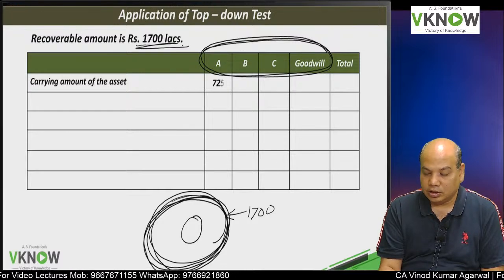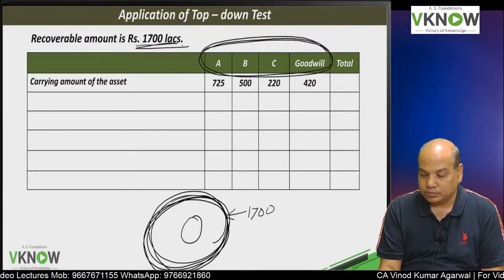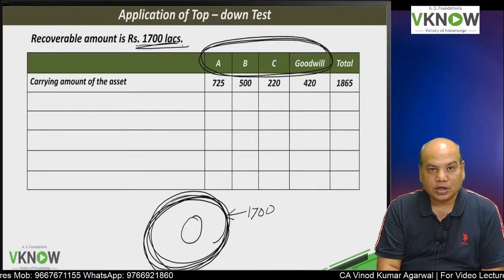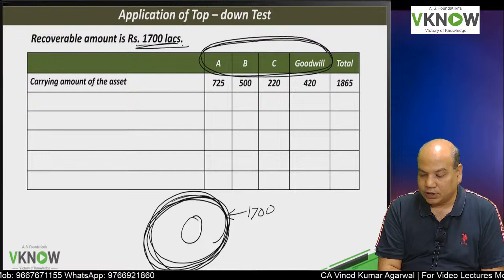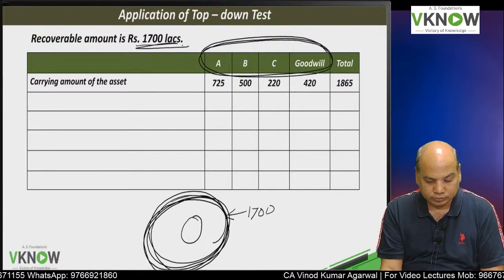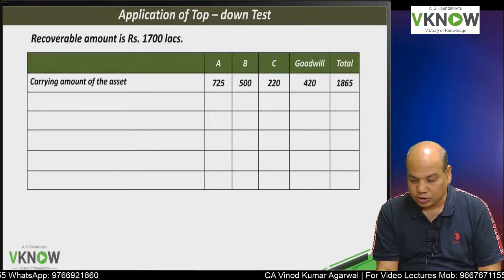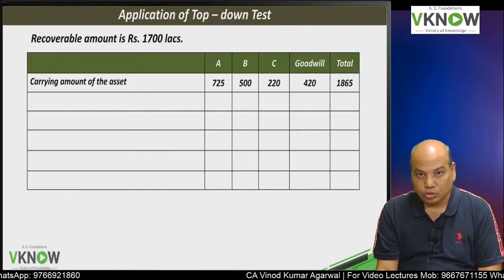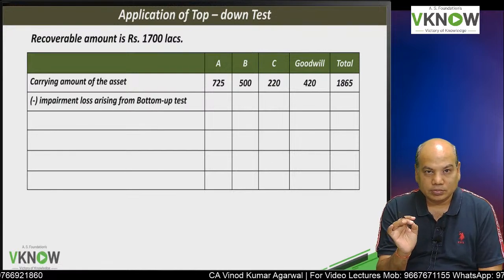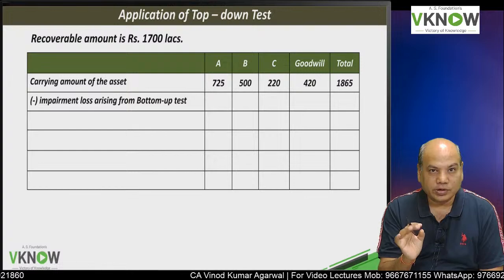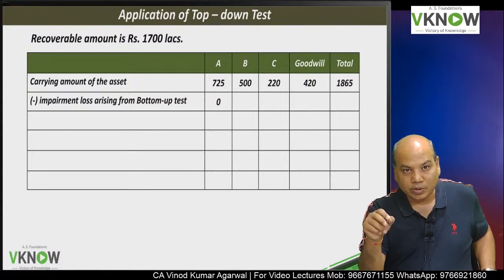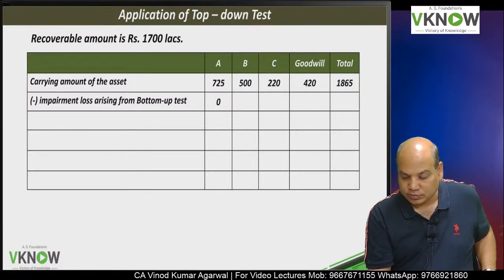Apply the test like this. First write down carrying amount as given in the problem. If you read the problem, last 5 lines, carrying amount is given: 725, 500, 220, 420, 1865. Please note it down. Once you have noted down, then you go to bottom up test. Did we provide for impairment loss in bottom up test? The answer is no. There can be impairment loss in bottom up test.